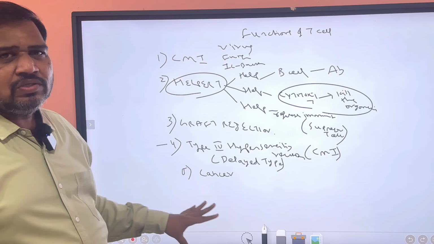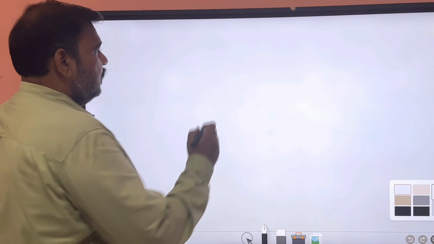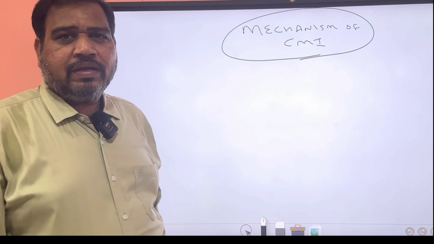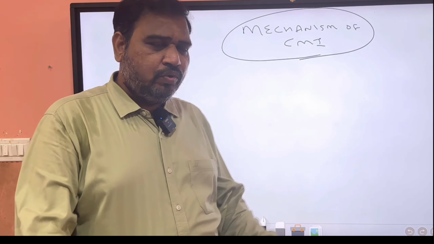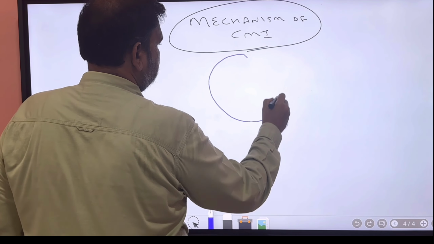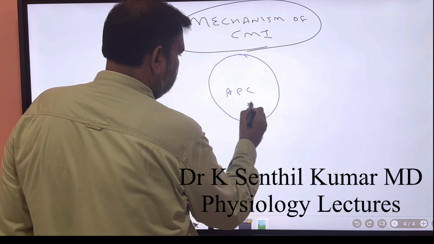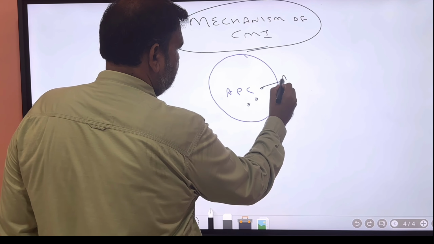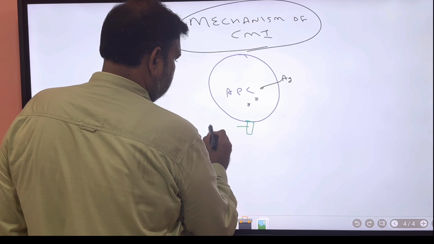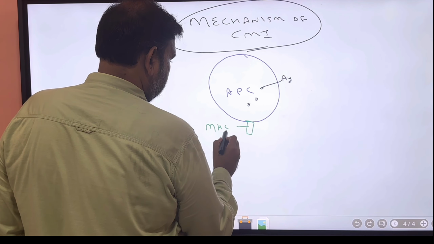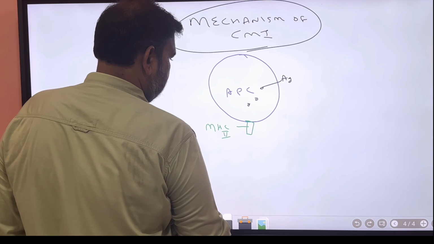So this slide is showing functions of T cells. Now we are entering into the major topic, mechanism of cell mediated immunity. Please concentrate. So this is antigen presenting cell. This is antigen. This is MHC2.